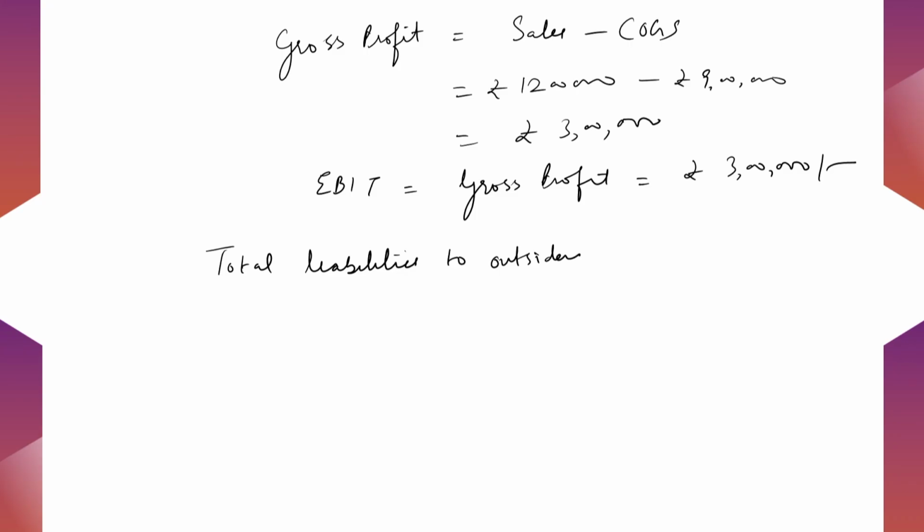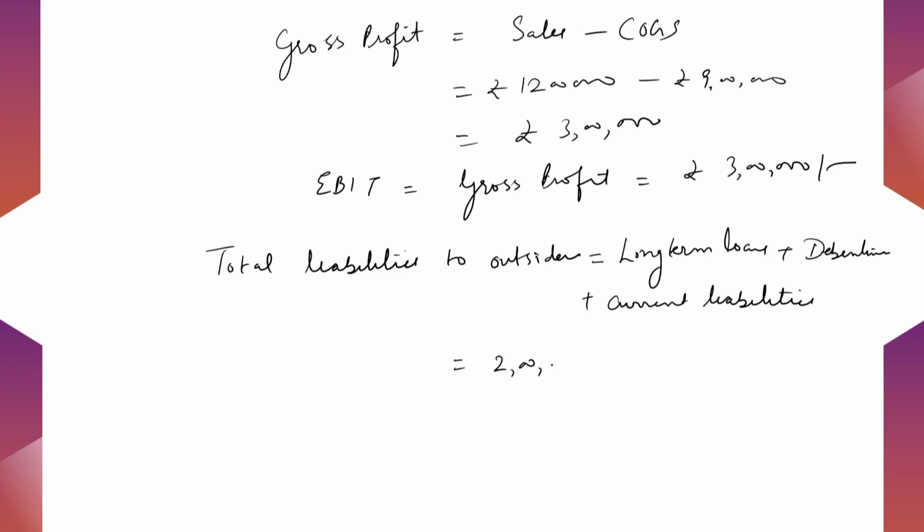So the total liabilities to outsiders will be comprised of long-term loan plus debentures plus current liabilities, which would be 2 lakh long-term loans, 1 lakh debentures, and we just computed the current liabilities of 1,72,000 rupees.